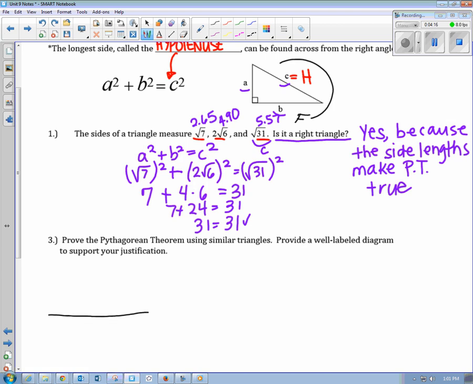So here's where the hypotenuse is, side down. Here's B, and then here's A. So this is my side of C, this is my side of B, this is my side of A, and here's the right angle.